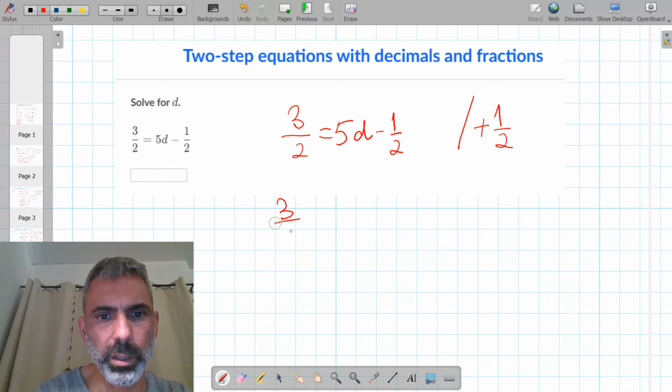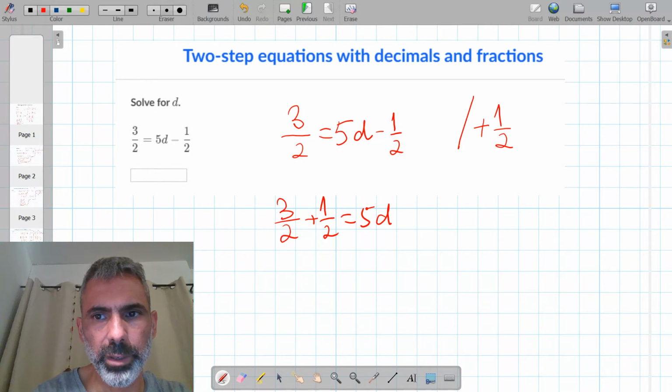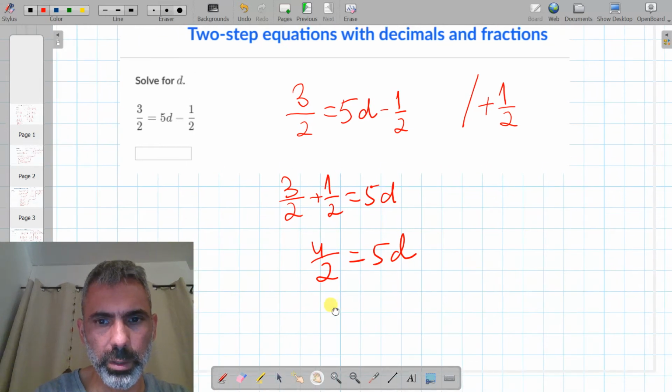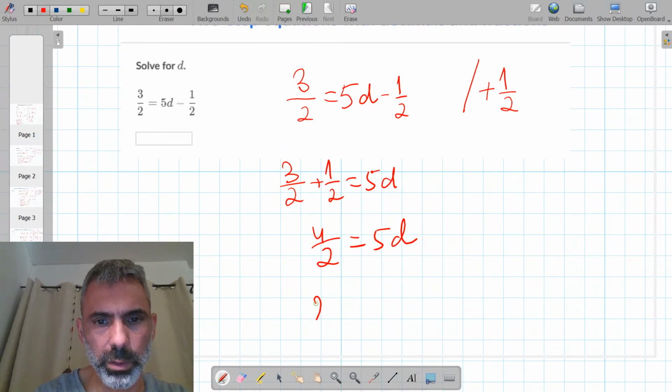So on the left hand side I have 3 halves plus 1 half equals 5D, because minus 1 half plus 1 half cancel out each other. So I have here 4 halves equals 5D, which is the same thing. 4 over 2 is 2. So 2 equals 5D.